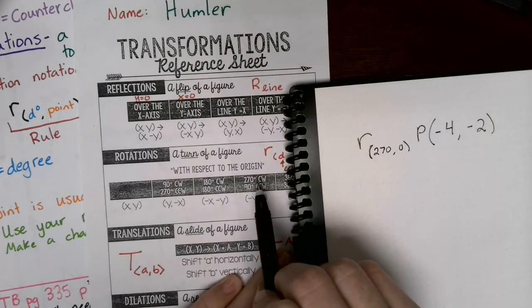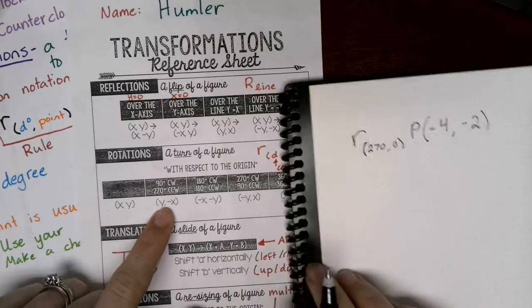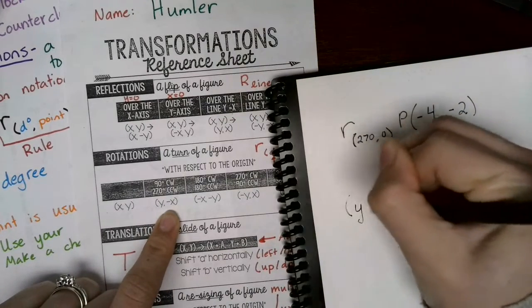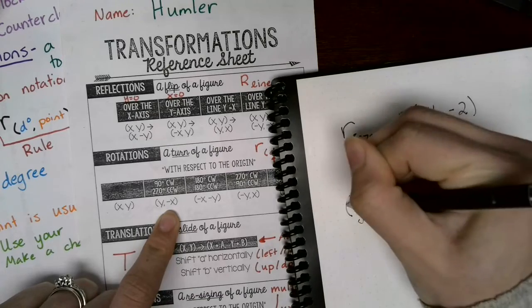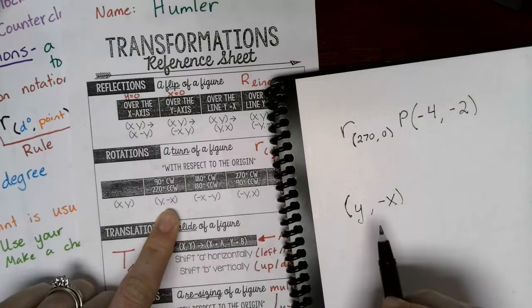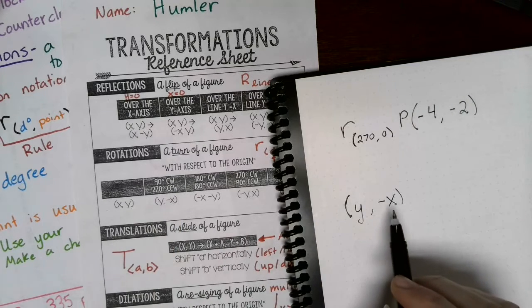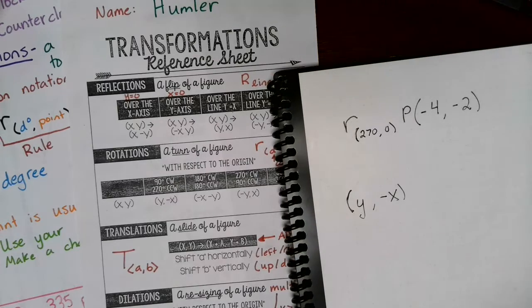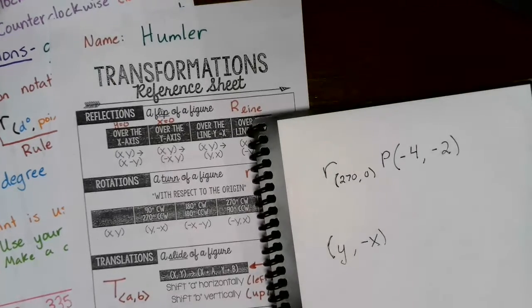Okay, so if I want to rotate 270, I should be looking at the 270 that's counterclockwise, not the 270 that's clockwise. So I'm looking at this, and my rule says that I need to do (y, -x). Now that's from (x, y) to that. So that means I have to change the sign on x and then switch x and y, okay? So sometimes I like to do this in two steps.